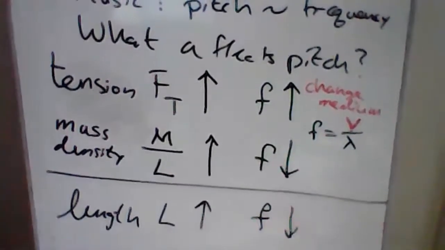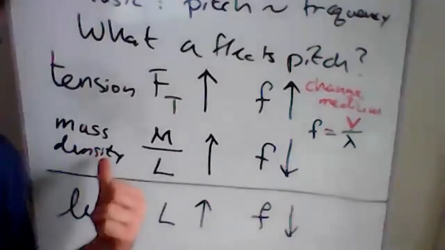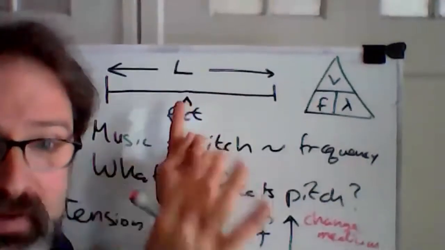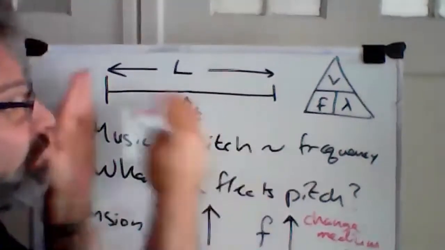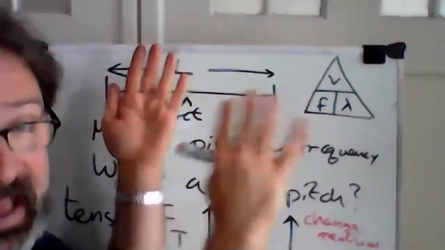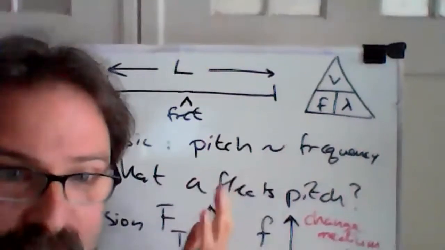But in the second case, where we are changing the length, it kind of makes sense. We're going to talk later about how much of a wavelength is actually on here. But when the wave can be on this whole thing, compared to just half of it, of course we're affecting the wavelength.